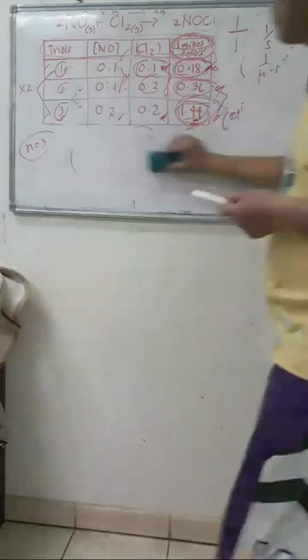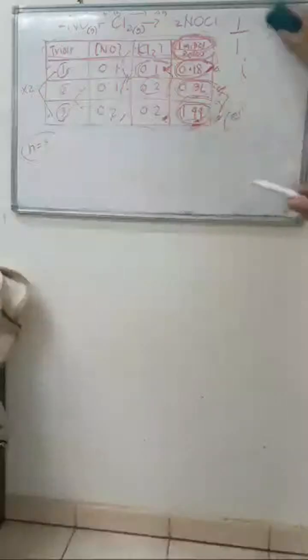That's why the problem doesn't state the unit of your initial rate, because the moment you show the initial rate, 1 over second, let's say 1 molar per second, it will become first order. So no need to compute, because it's already noted by your initial rate. So that's why we don't give the initial rate unit of measurement.